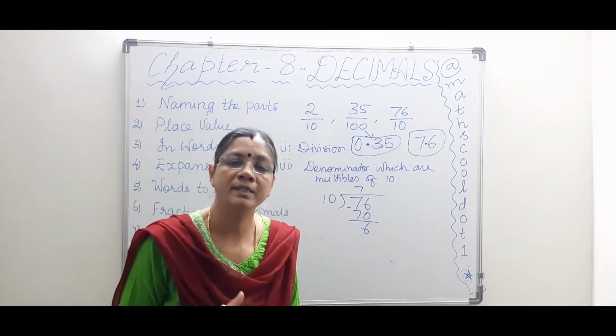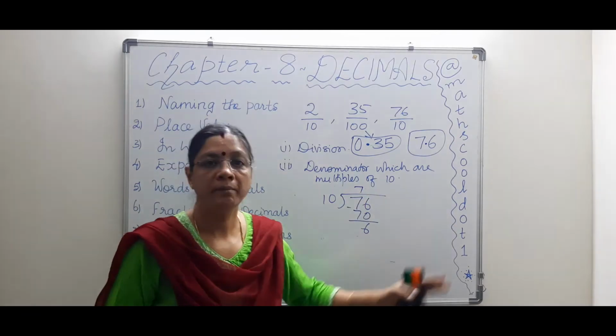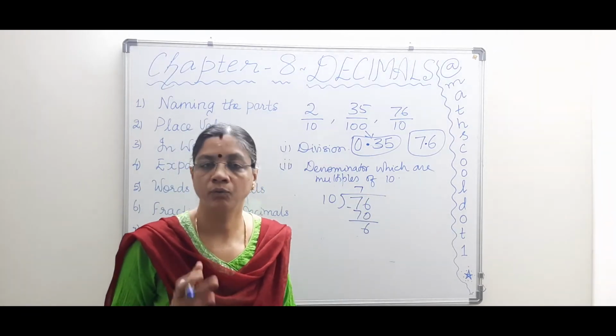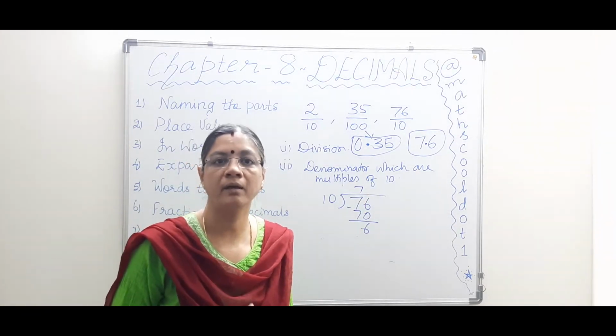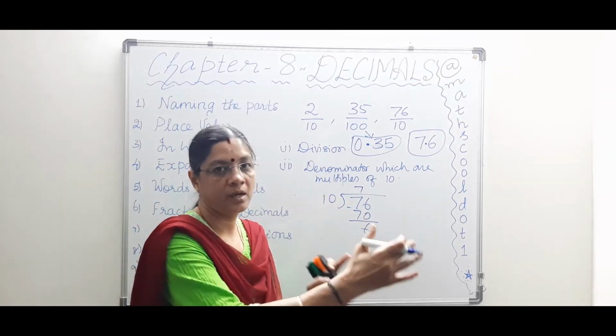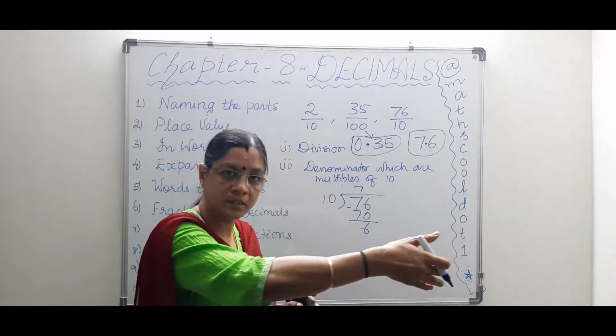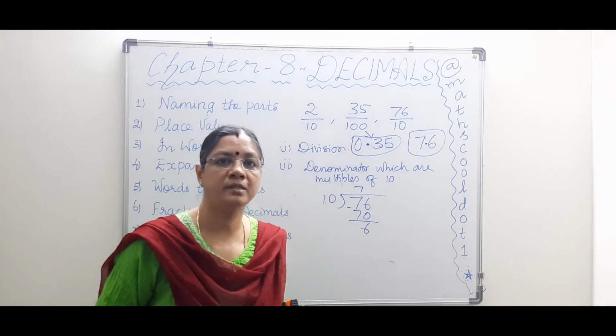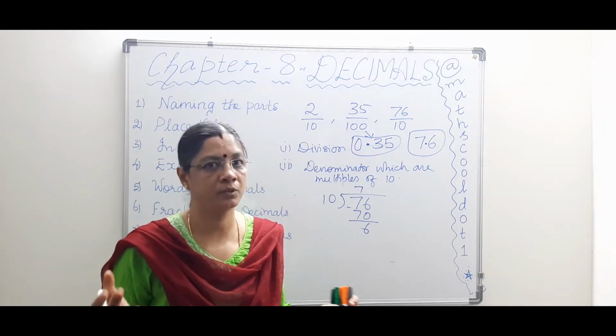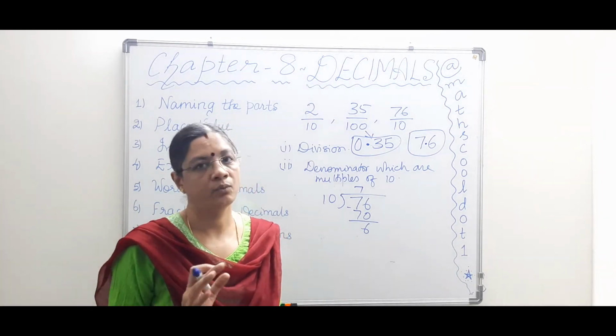If you don't get 0, even after so many places in the decimal part, some numbers are there which don't terminate after the decimal point, it doesn't stop. Okay, so you can find just 3 or 4 places or 2 or 3 places, whichever is asked for, and you can stop with that.